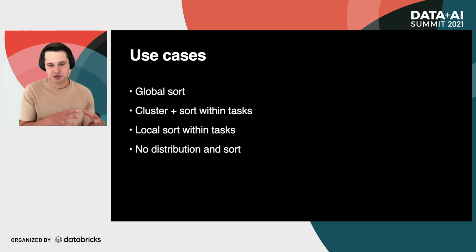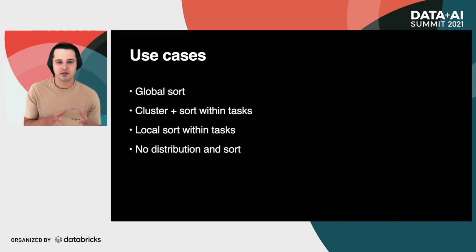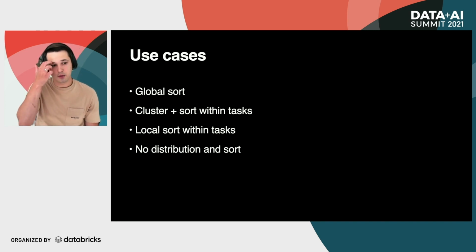This option will trigger a hash-based shuffle, which is considerably cheaper than the range-based one, but it also is not as scalable as it can introduce hotspots if your data is not distributed evenly. So be really careful, and if you can survive the global sort, I would definitely recommend doing that.